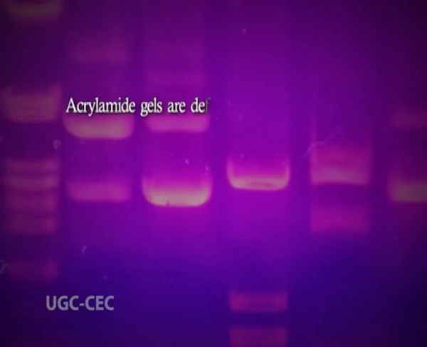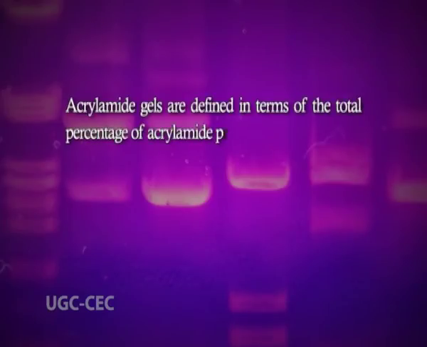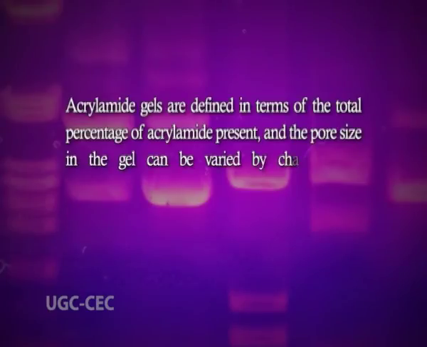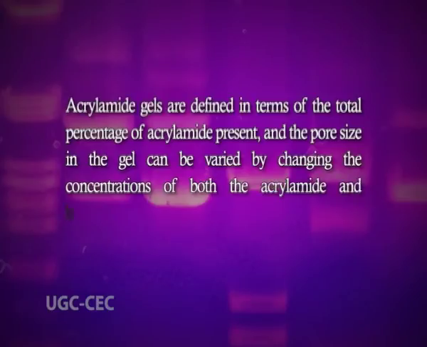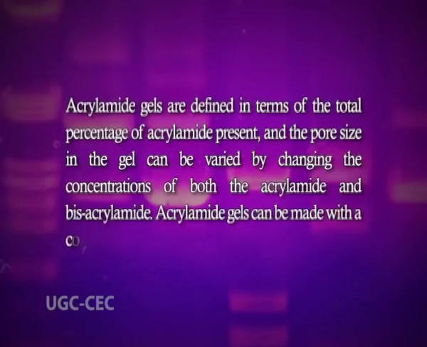Acrylamide gels are defined in terms of the total percentage of acrylamide present, and the pore size in the gel can be varied by changing the concentrations of both acrylamide and bis-acrylamide. Acrylamide gels can be made with a content of between 3% and 30% acrylamide.